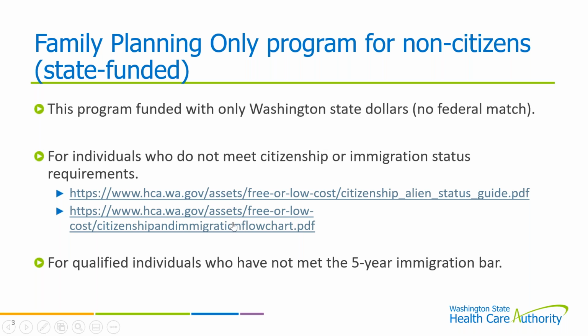And there are a couple links below that will help determine that; either the applicant or the navigator can assist the applicant in determining their status. We have the guide on the first link, and then we also have a flow chart on the second link. The program is also available for qualified individuals who have not met the 5-year immigration bar.